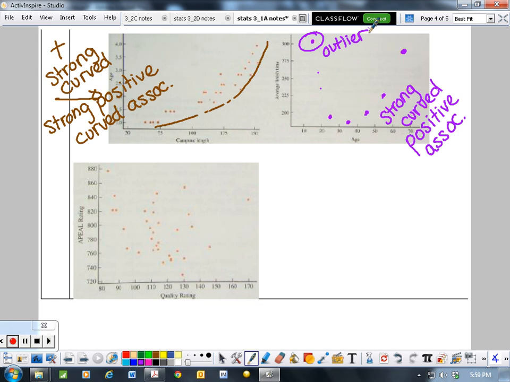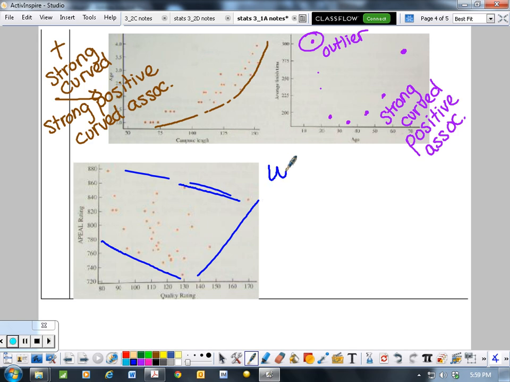Okay, so in our next one, I can't tell if that is going up or down. So this is really up to interpretation on this one. You can't really tell either way. I guess you could make a case for going kind of down. Or I guess you could make a case for going up like this, but it'd be so wide.